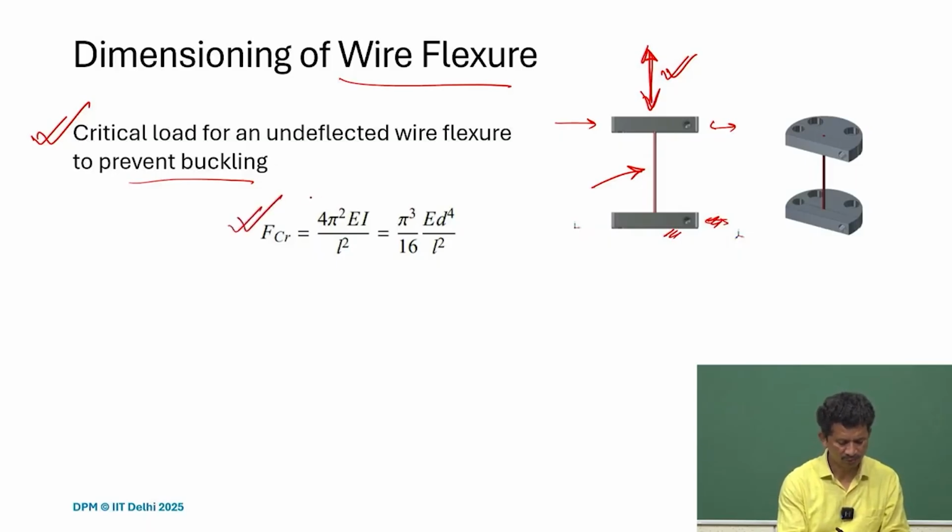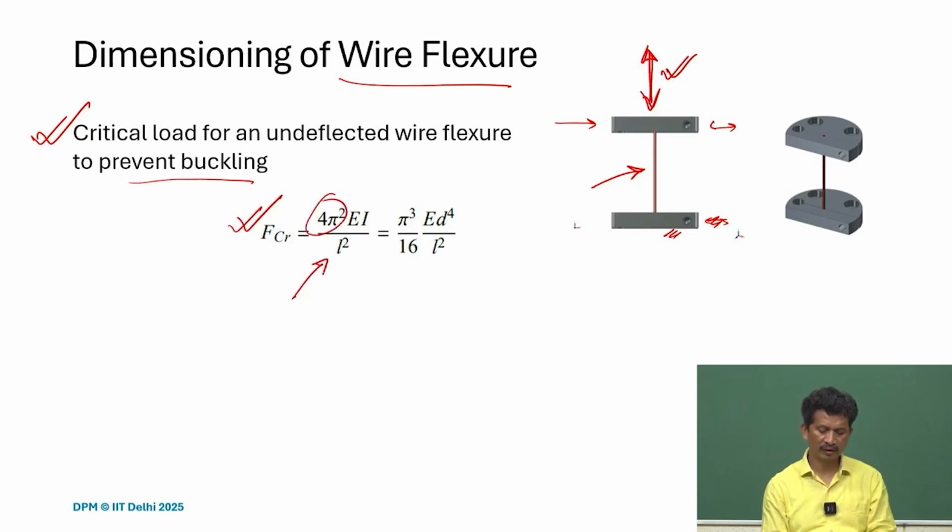It is 4 pi square EI by L square. If it's a wire with a circular cross section, we can always replace I with D. And then this is the formulation. So this is a general formulation to know the critical load.